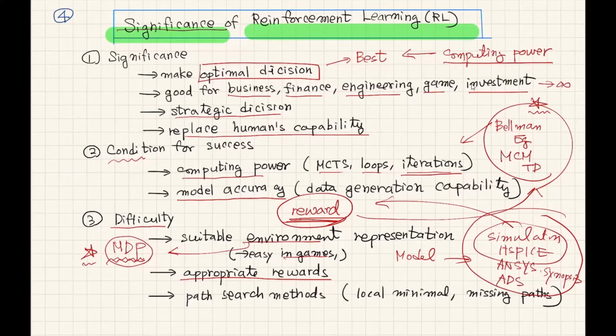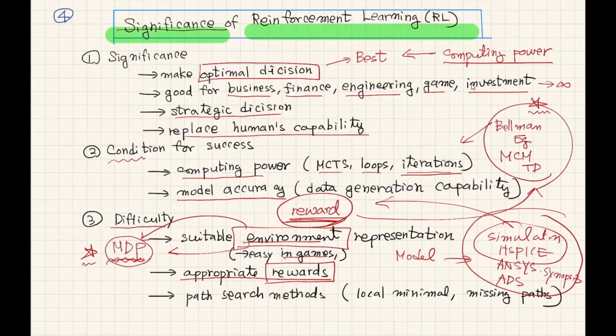If you want to develop a very good reinforcement learning model, you have to design your environment, and that should be a Markov decision process. And also you have to define good rewards.